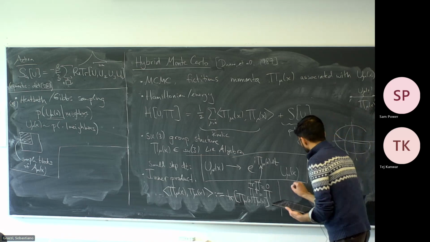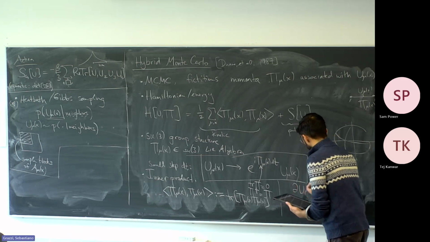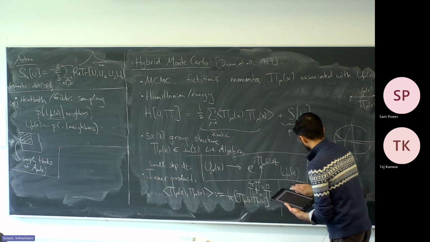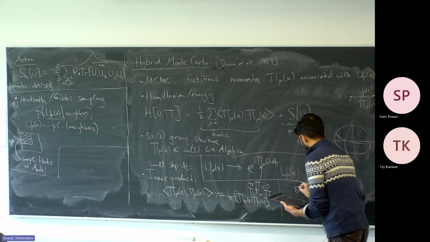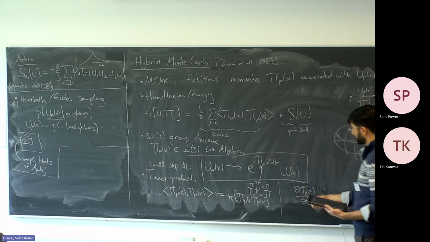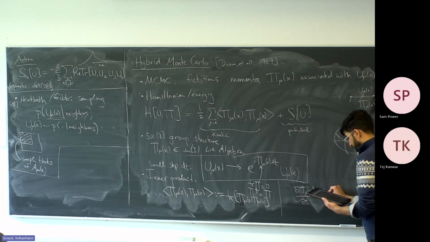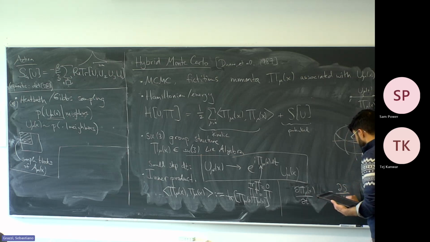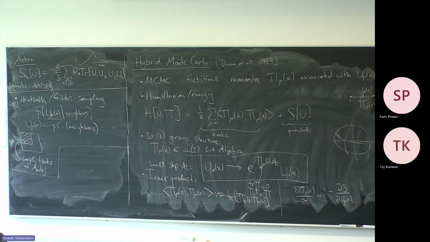This can schematically be written as the derivative of this variable with time should be equal to negative the derivative of the action with the link variable. But this is a matrix variable, so I need to define what I mean by the derivative with respect to a matrix.